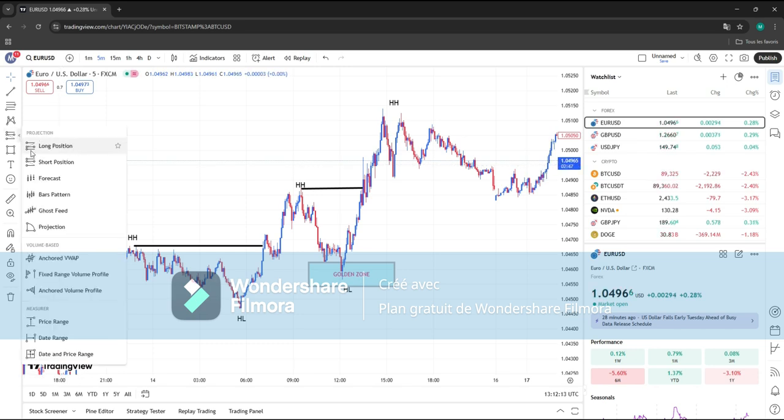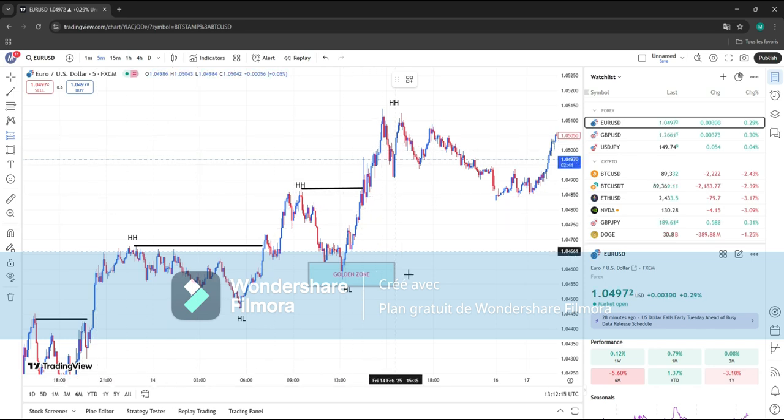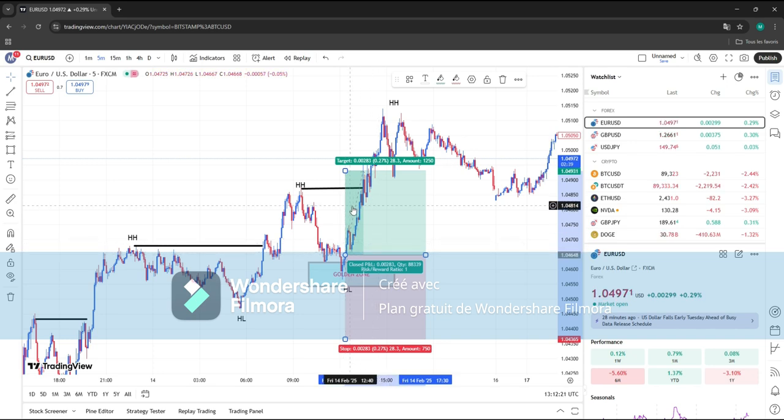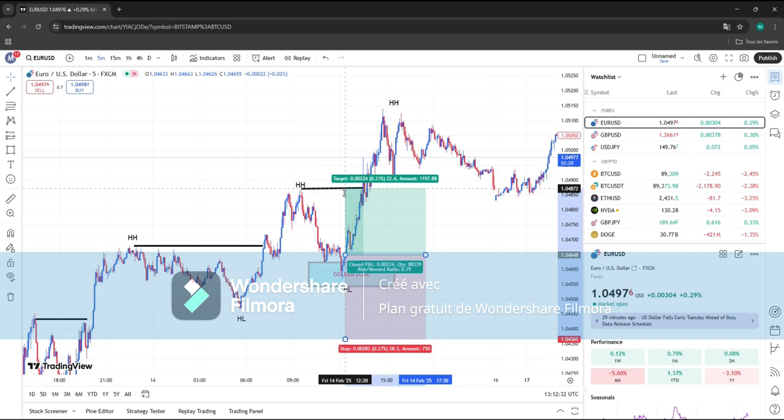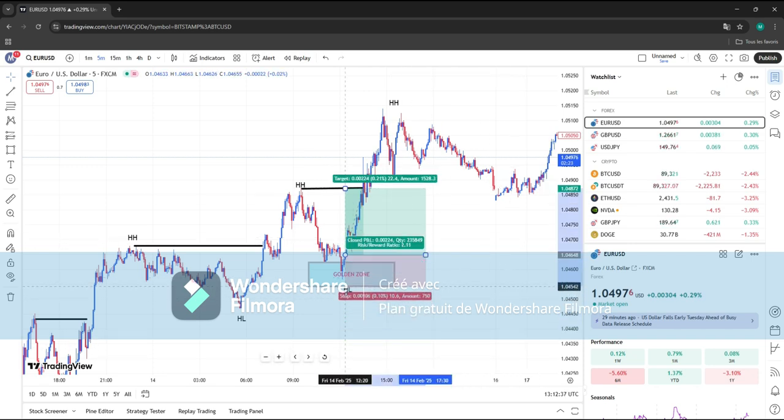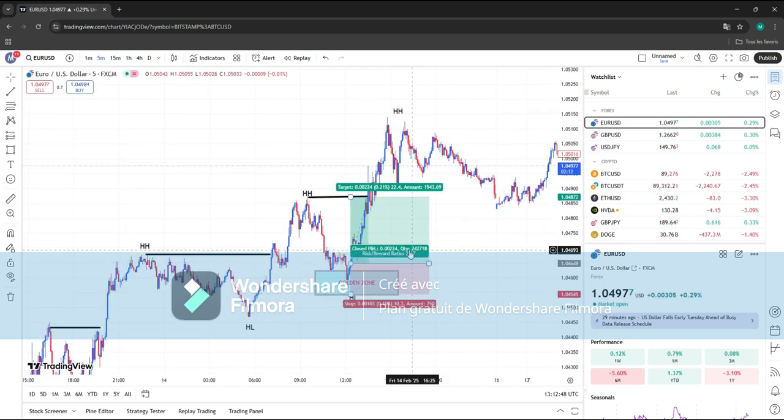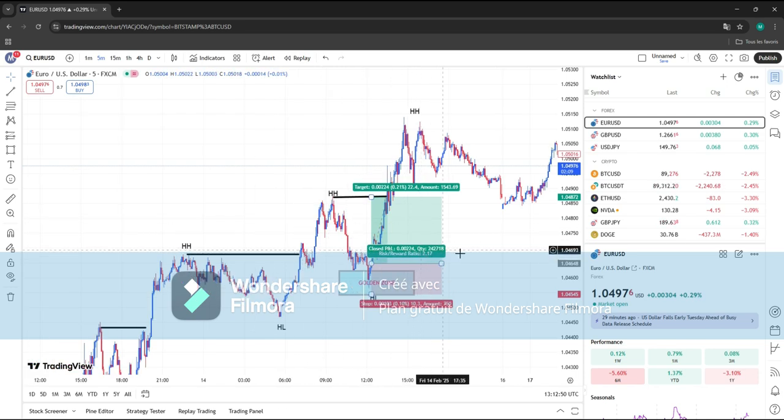We go to the long position and we place the target at the higher high of this BOS right here, and we make the stop loss at the higher low right here. We have a 2.1 risk reward, and we win the trade with the Fibonacci retracement.